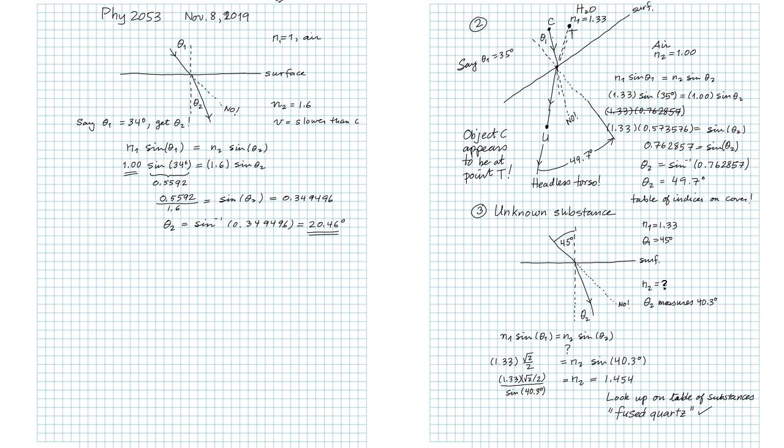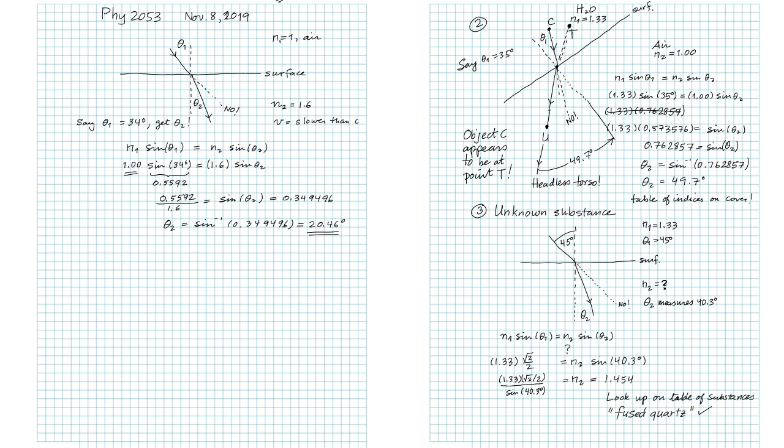And sine of theta 1 is square root 2 over 2. And that's equal to N2 times the sine of 40.3 degrees.